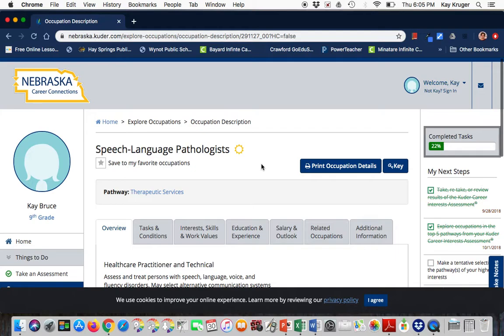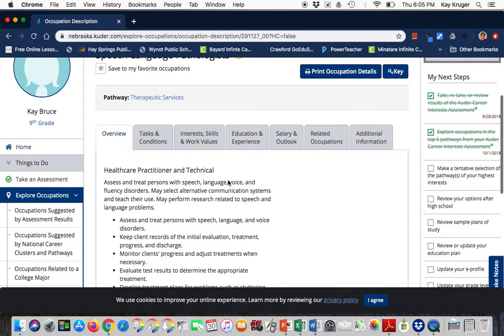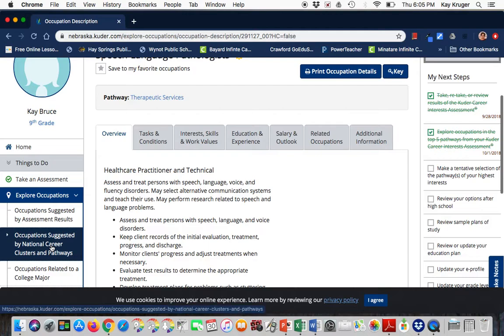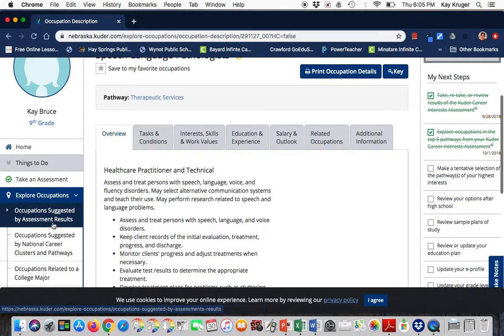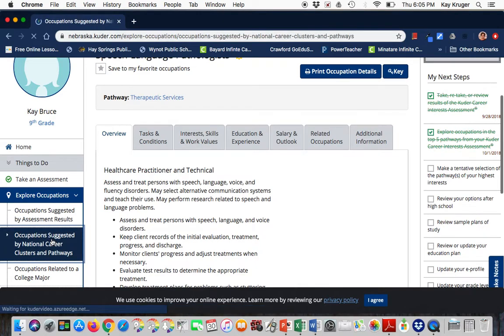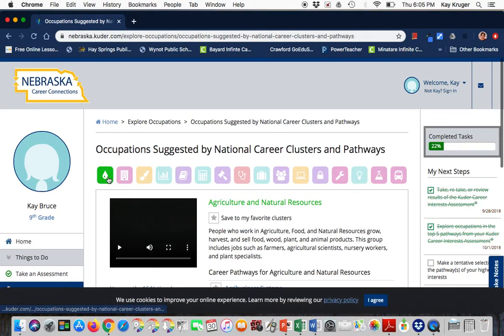I want you to consider the one that you feel that you are most interested in right now and search that. If you have no idea what you want to do, I would suggest that you go by clusters and pathways and see what things are interesting to you there. The assessment results are another possibility to look at, but when you go to pathways, I can say agriculture, maybe I'm interested in that. That also includes food.